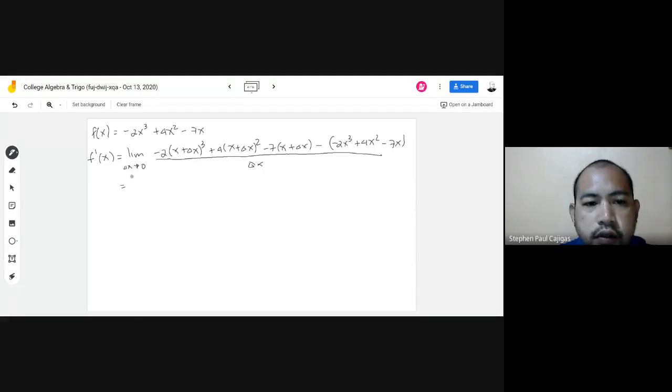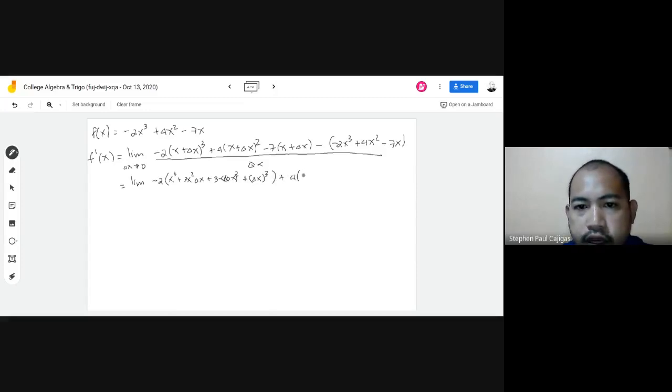And this is equal to, so negative 2, let's expand first, this will become x cubed plus 3x squared delta x plus 3x delta x squared plus delta x cubed, in parentheses so we do not forget the delta x.